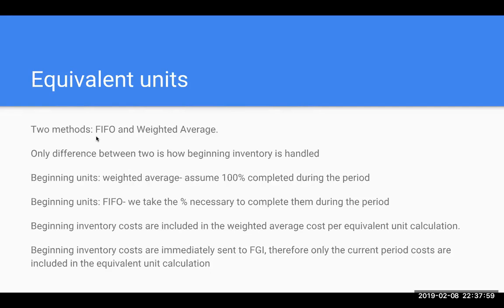If I have 10,000 units that were 30% complete as to materials, then I'm going to use equivalent units of 7,000, or 10,000 times 70%, because that 70% is what I used during the period to make those 100% complete.